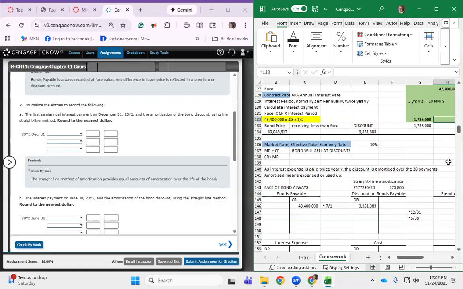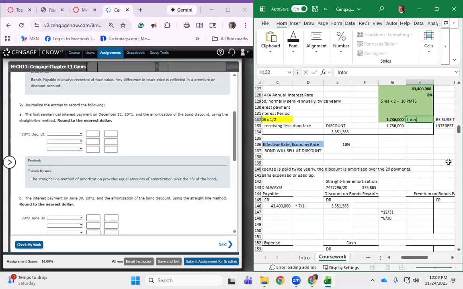I've got 1,736,000 going out in interest. And this is actually going to be the interest payment to the bondholder.